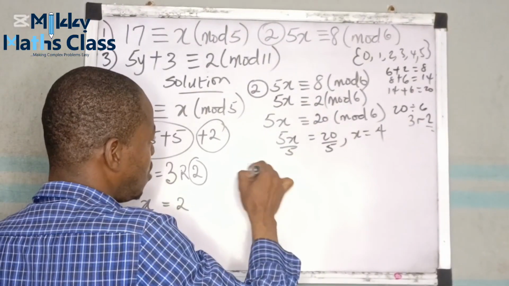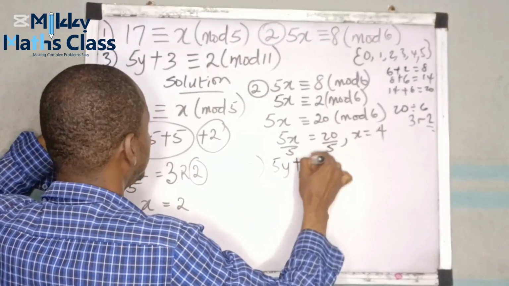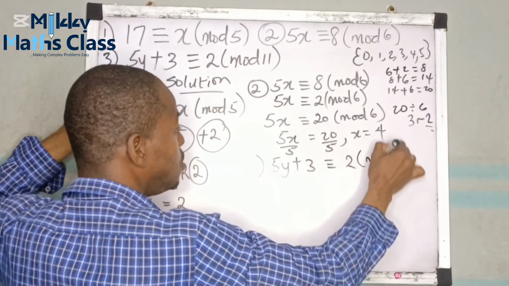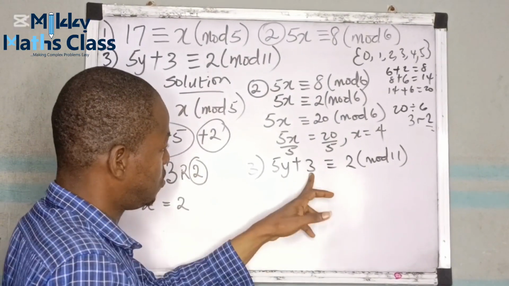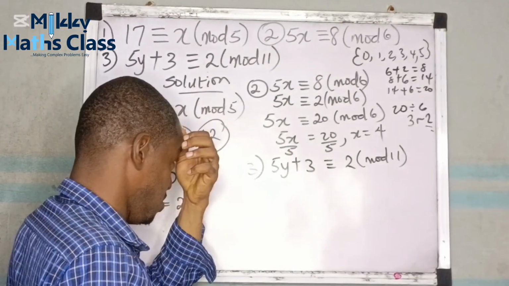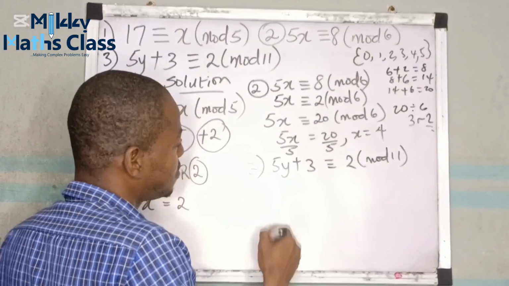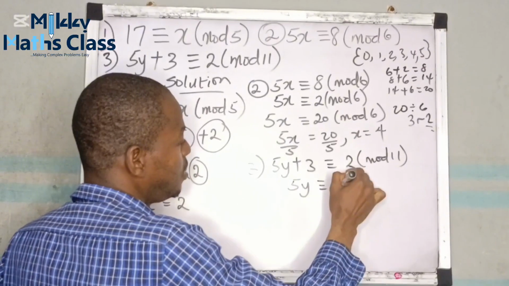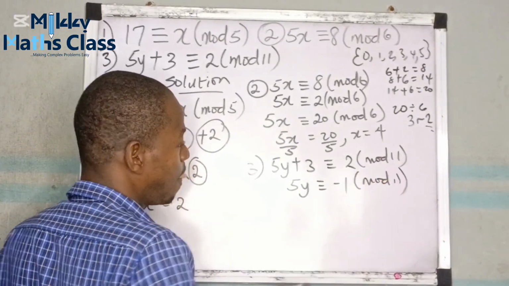All right, the last but not the least, we have 5y plus 3 is equivalent to 2 mod 11. So let's take this to this side. So this one from here, we can rewrite this as 5y is equivalent to negative 1 mod 11.